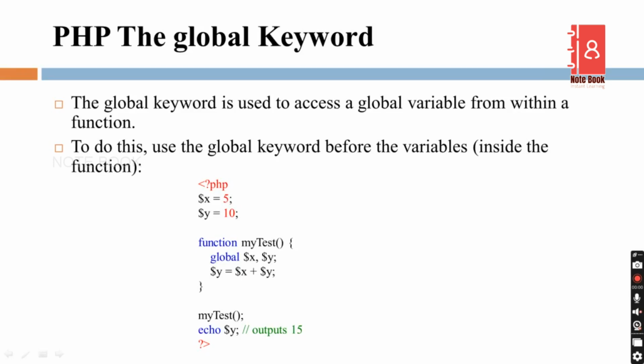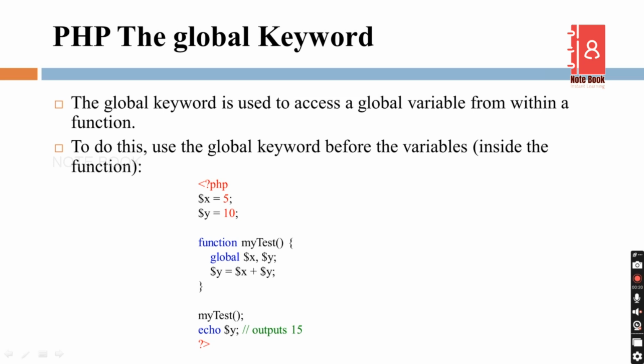The global keyword is used to access a global variable from within a function. To do this, we can use the global keyword before the variables inside the function. Look at the example where we have the PHP script. We have assigned the variable x is equal to 5 and variable y is equal to 10.